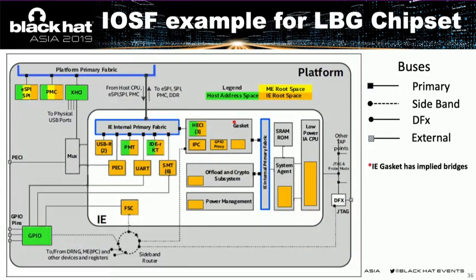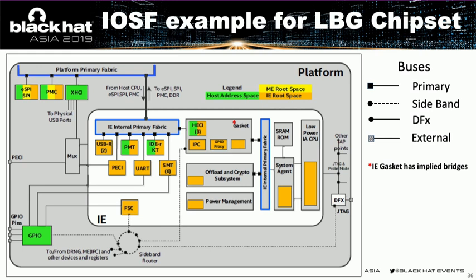On this slide, we have depicted what we found in one of the data sheets for Intel server chipsets. You can see all three types of buses, the devices connected to them, and how they interact.